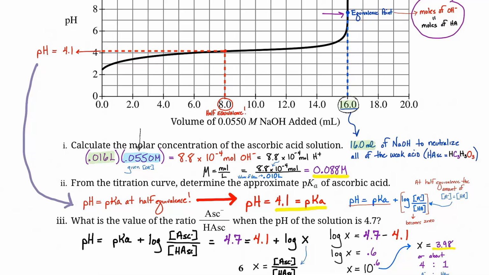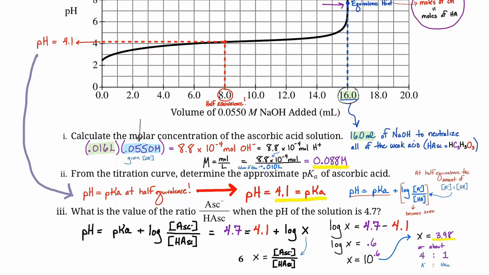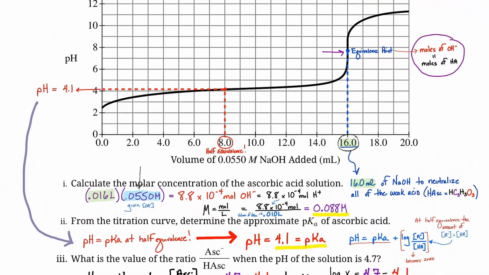Okay, all right, so moving to II, from the titration curve, determine the approximate pKa of the acid. For the millionth and one time, folks, the pH equals the pKa at half equivalence. You should know that, okay? So if we know the equivalence volume is 16 milliliters, which represented the volume of the base that delivered the amount of moles that exactly neutralized the acid, well, half of that volume will half neutralize the acid.